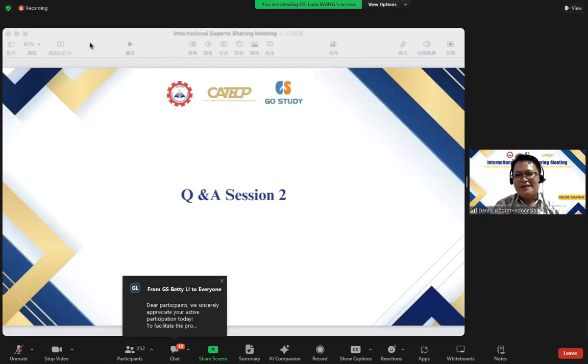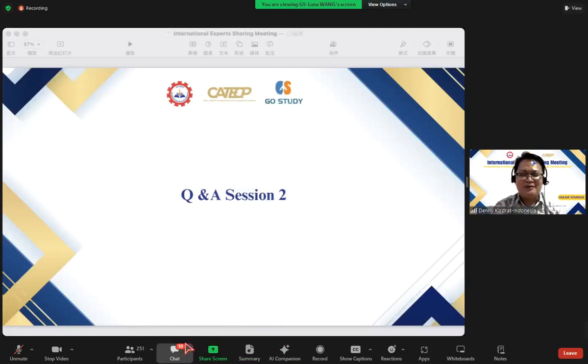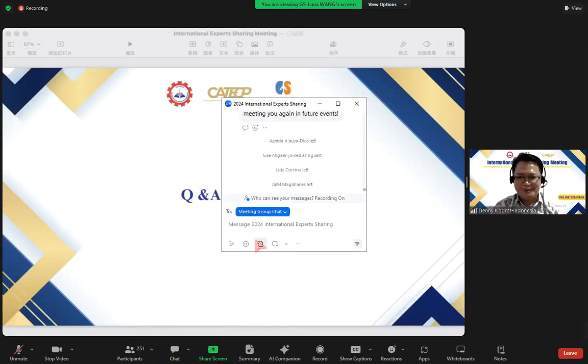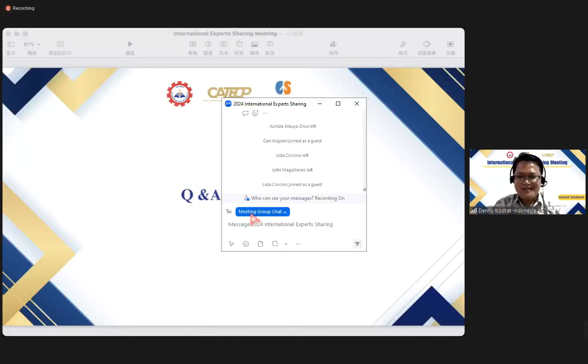If you ask me, the ideal class is maybe 20 or 25 students. But in our Indonesian government regulation, the maximum class is 36 students in senior high school.